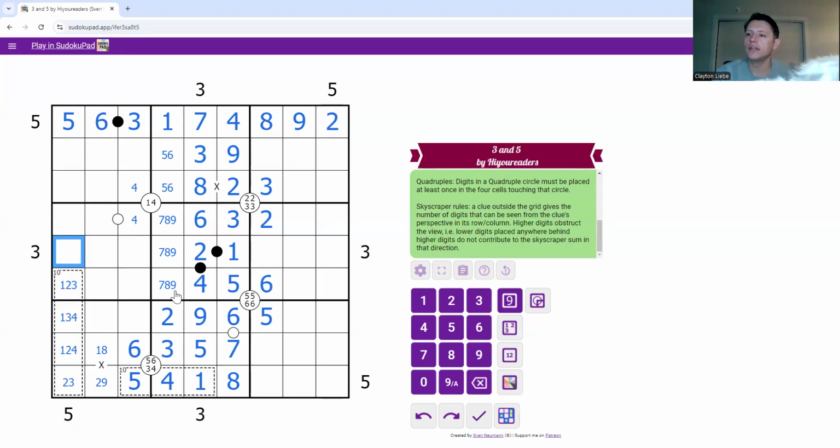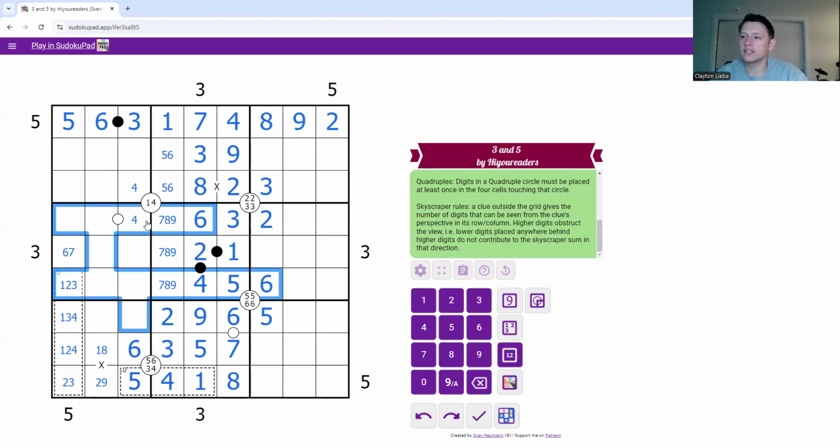This digit now. We need a clue of 3. Well, this digit can't be 1, 2, 3, 4, or 5. So what are its options? 6 or 7. If it's a 6, we could have 7, 8, 9, or something like that. But it can't be anything higher than that. In fact, Sudoku would tell us that this is always a 6, because none of those are 6s, none of these are 6s, and none of these.